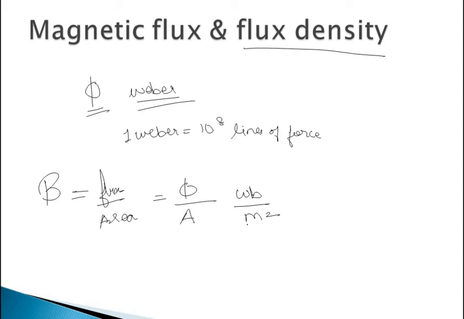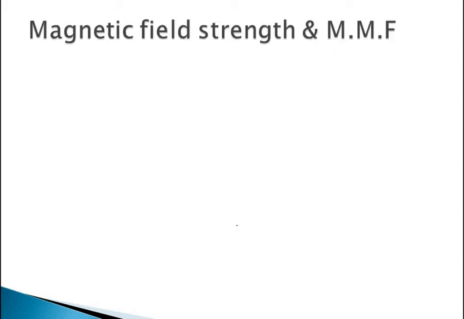Now next definitions are magnetic field strength and M.M.F. Magnetic field strength is given by symbol H. So we can say the force experienced by a unit north pole when kept in a magnetic field is known as magnetic field strength.